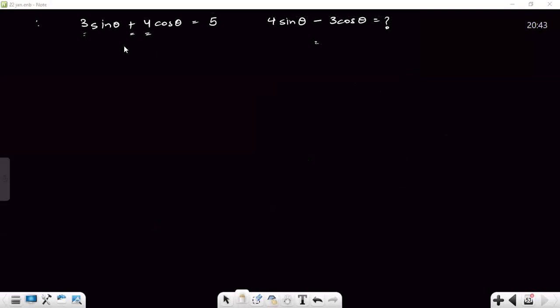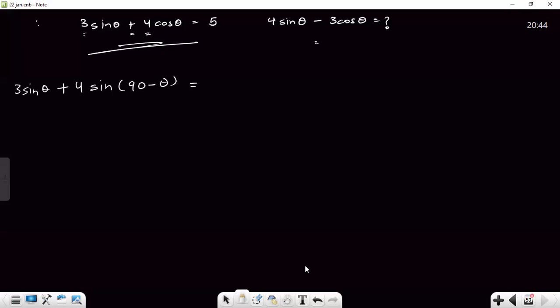So if this is the given information that we have, what we need to do here is first convert the cosine into sine. And we can do so by writing 90 minus theta. Sine of 90 minus theta is cosine only.